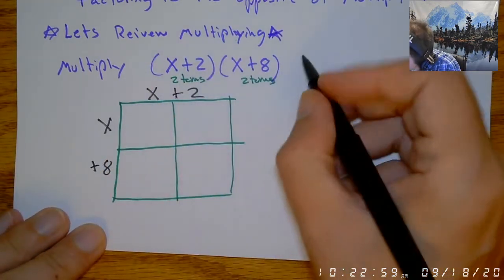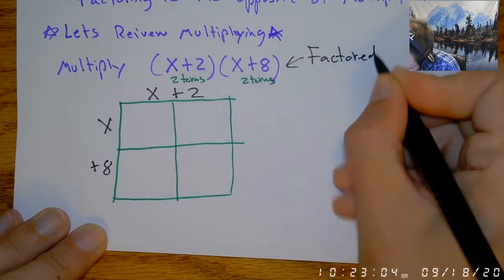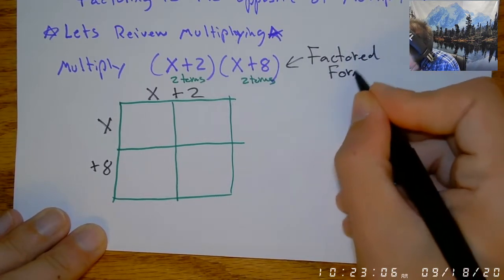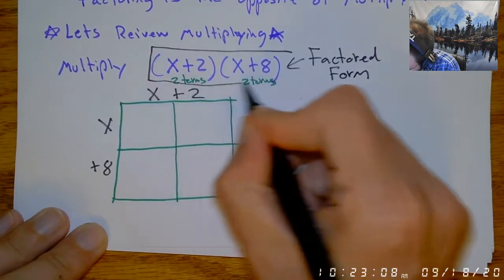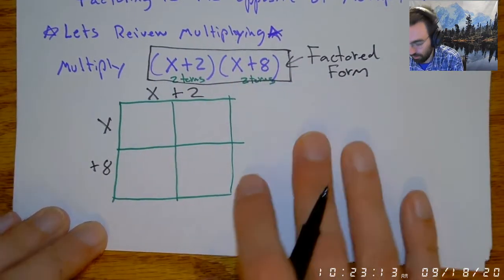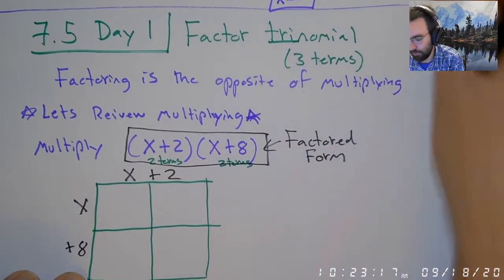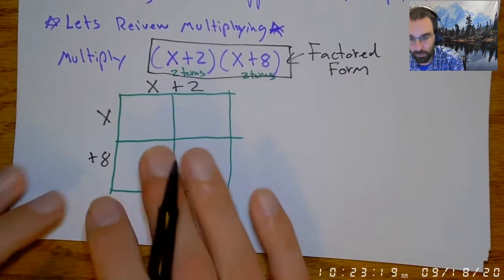This right here is in factored form. So we're starting in factored form and we're going to get to standard form. What we're learning today is if we're in standard form, how do we get to factored form? So we're starting with what we know.